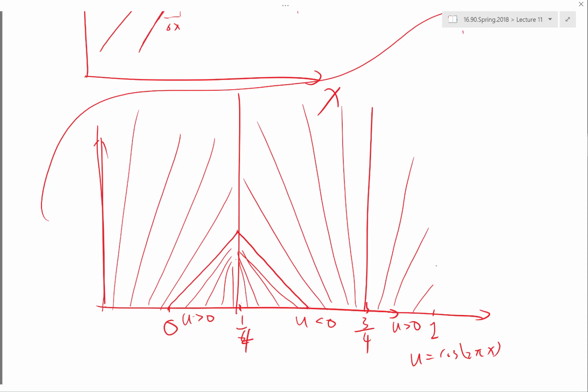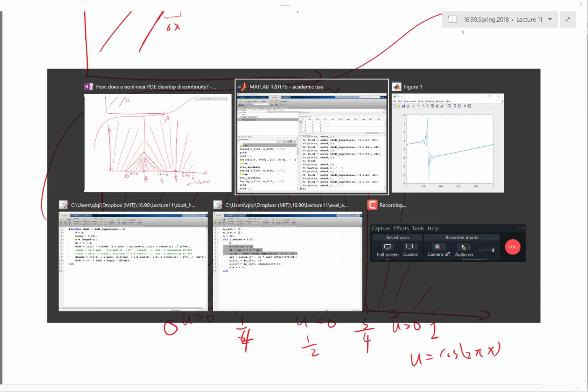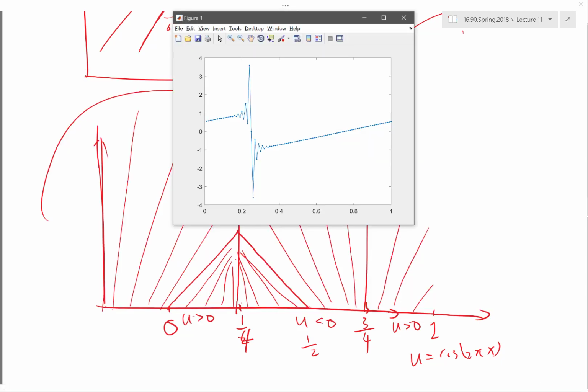All right. Okay, so this is half. So that's actually why I think we have a discontinuity here, which is 1/4, right? Of course, finite difference doesn't actually do the discontinuity properly, but that's where I expect the discontinuity to form.